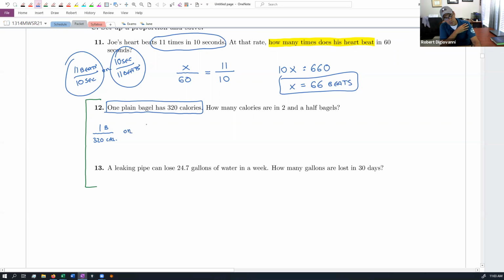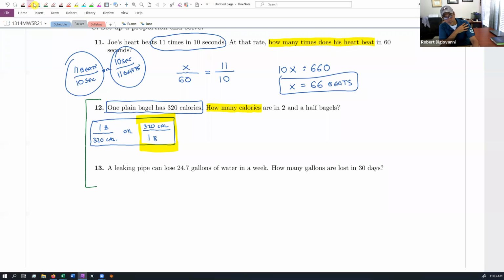Or we could write it the other way, that 320 calories are in one bagel. So this is what we'll use to solve the problem. Now we need to figure out what we're looking for. We're trying to find how many calories there are in 2.5 bagels. So we're going to use this ratio because calories is on top. And since we're trying to find the number of calories, that's the one we use.